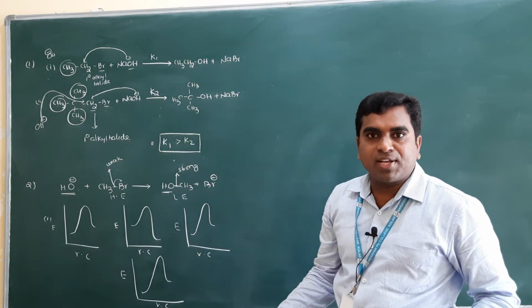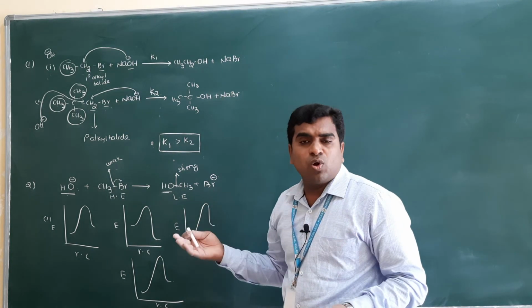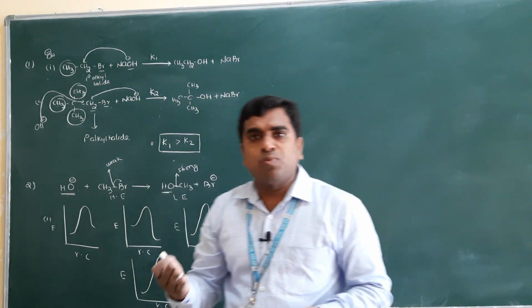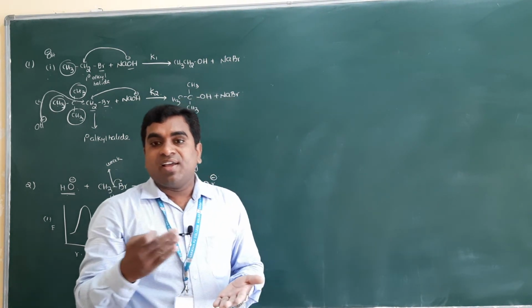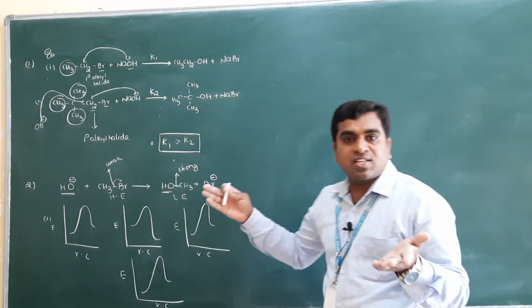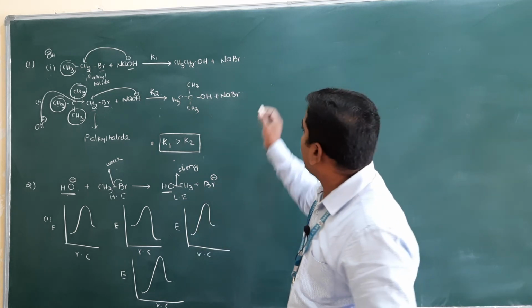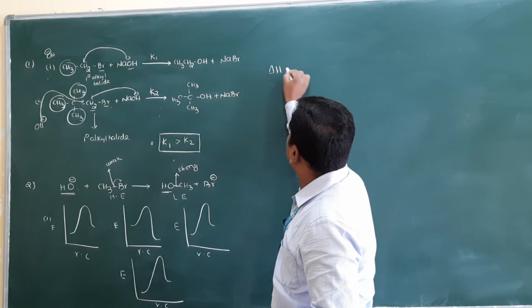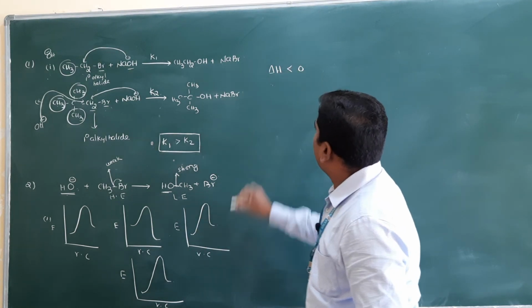For exothermic reactions, you already know the energy of the reactants should be greater than the energy of the products, because we have already mentioned delta H should be less than 0.